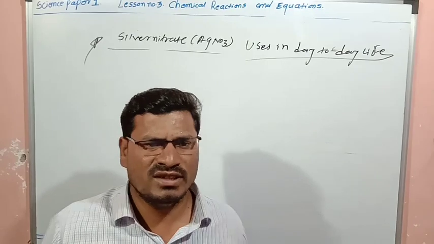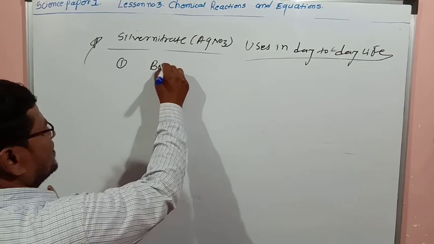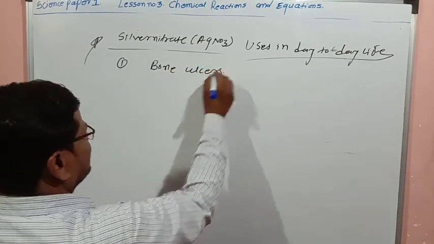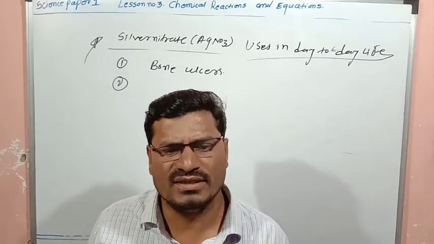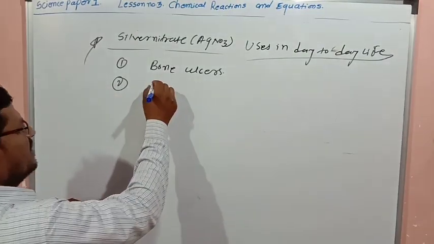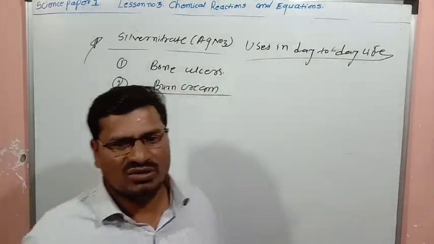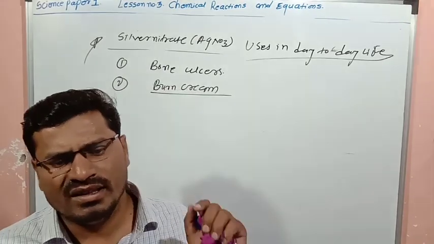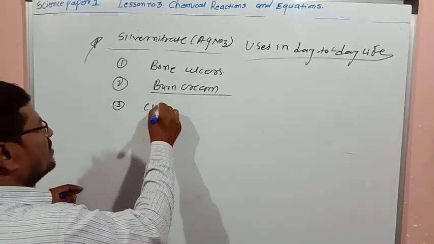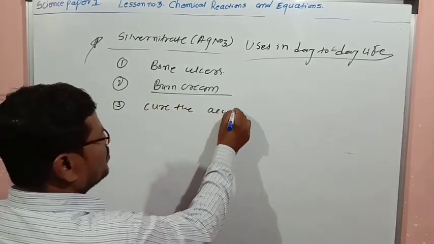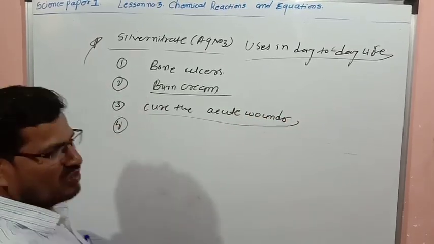The first thing is, silver nitrate is used to treat bone ulcers. Second, silver nitrate is used in burn cream. Again, it is used to treat wounds, to cure acute wounds. Small wounds will be cured with this.